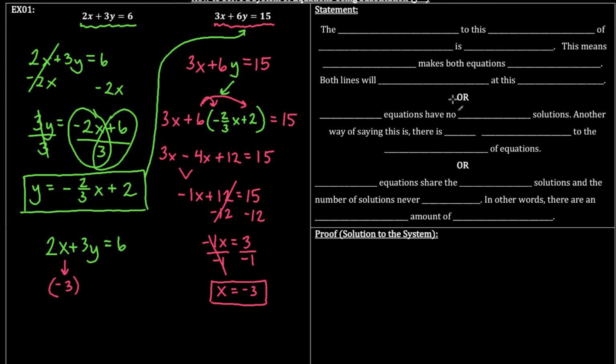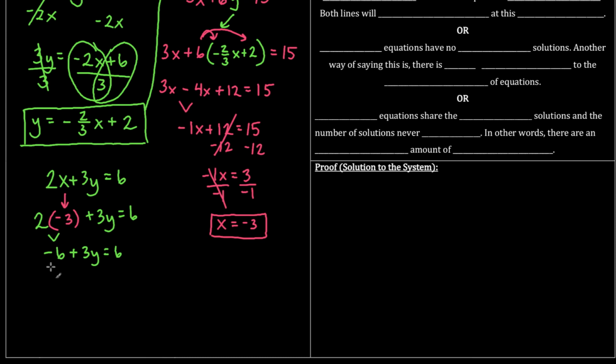So I will get 2 times negative 3 plus 3y equals 6. 2 times negative 3 is negative 6. And then I will add 6 to both sides because I'm solving for y. And I get positive 3y equals 12. Divide by 3.